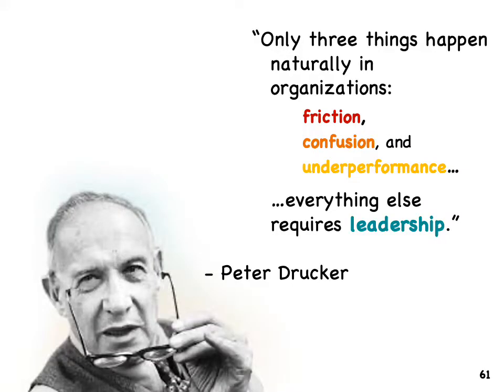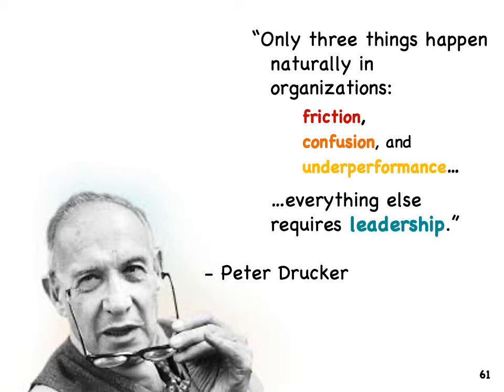As I've stated in many different places, both in this video series and in the transformation video series, and I think even in the Why Use Flow series, I quote Peter Drucker very often, because only 3 things happen naturally in organizations: friction, confusion, and underperformance.